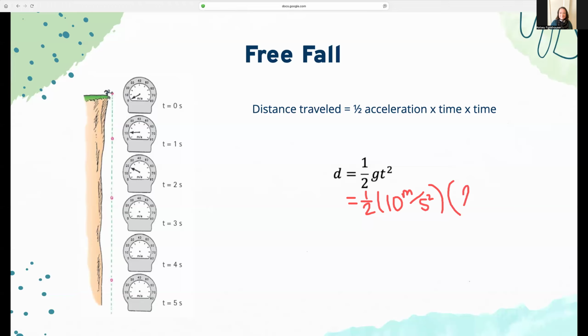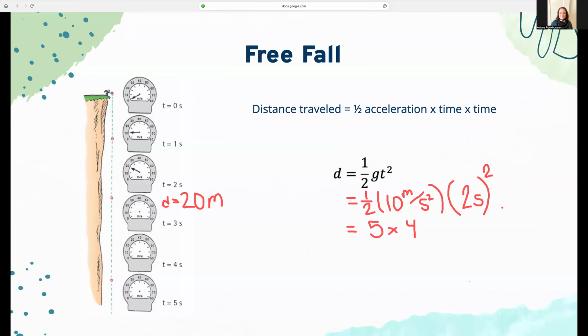And 2 seconds, and that itself is squared. So 2 squared is 4. And 1/2 of 10 is 5, right? So that gives us 5 times 4. And so that's 20. So at 2 seconds, our position is 20 meters.